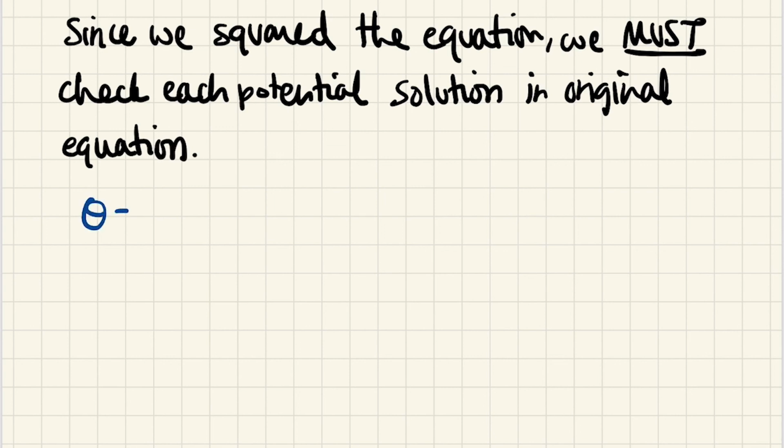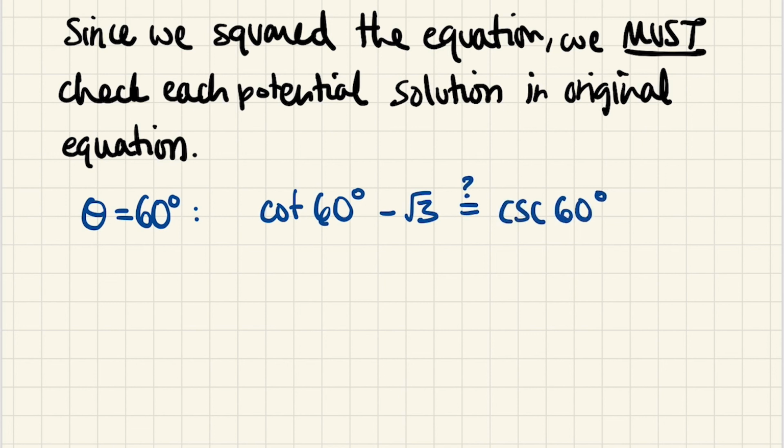Okay, so let's check the 60 degrees solution. Is it true that cotangent of 60 degrees minus rad 3 is equal to cosecant of 60 degrees? Okay, well, cotangent of 60 degrees is rad 3 over 3. So is this left-hand side equal to cosecant of 60 degrees?